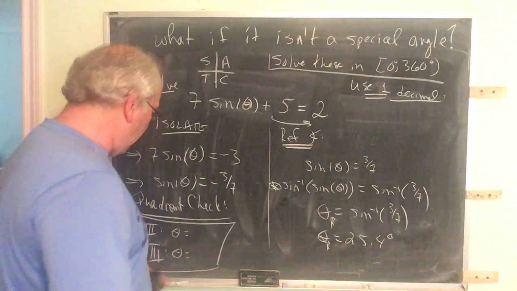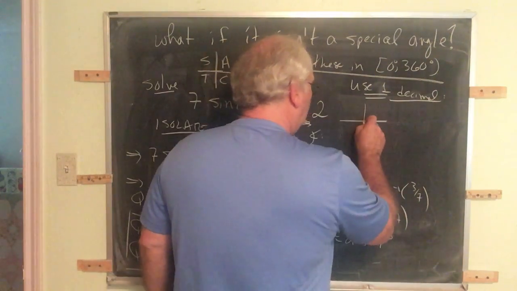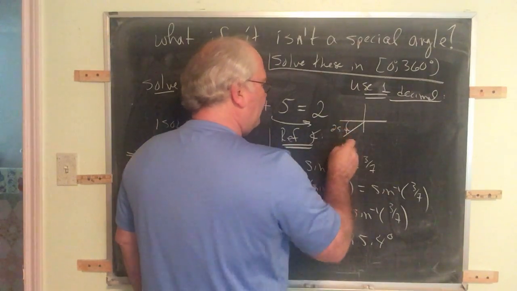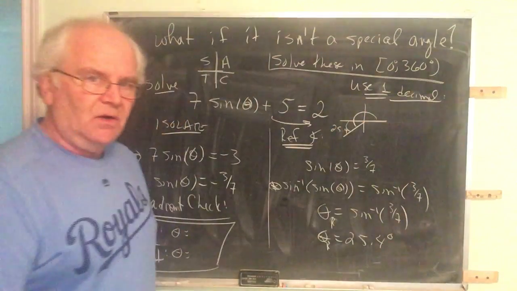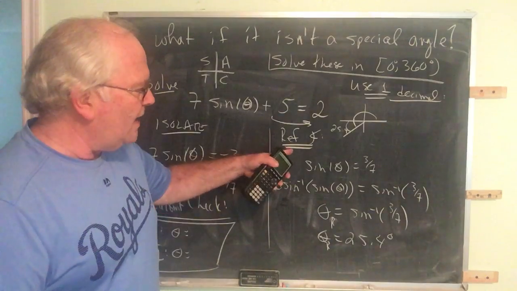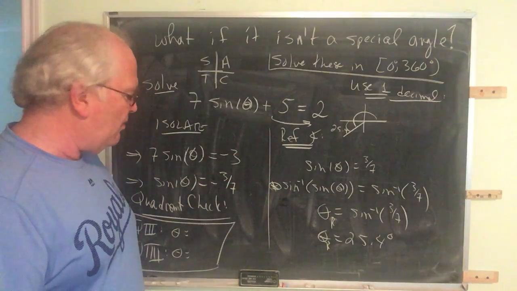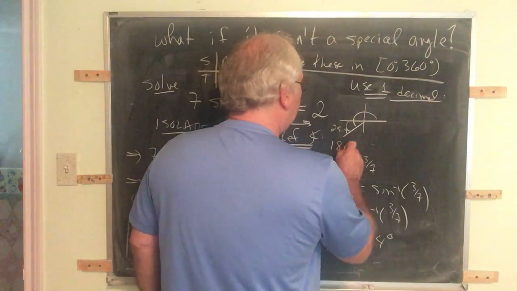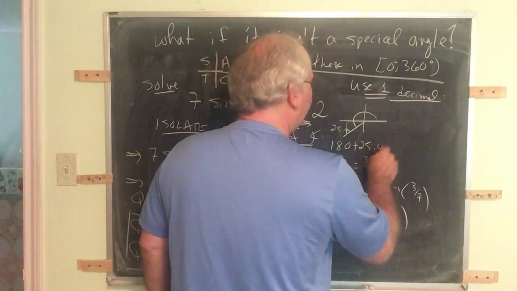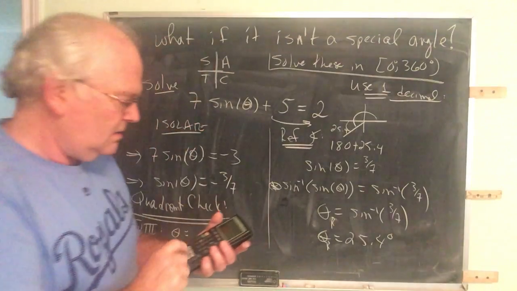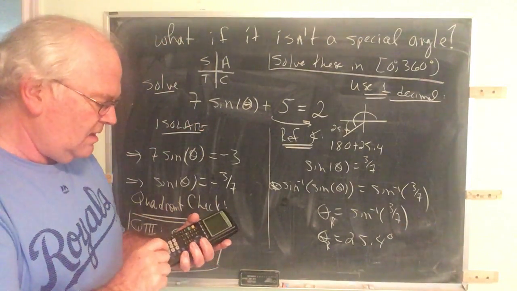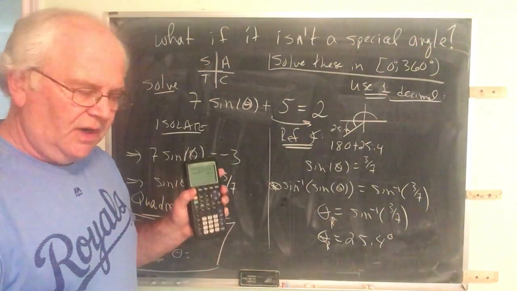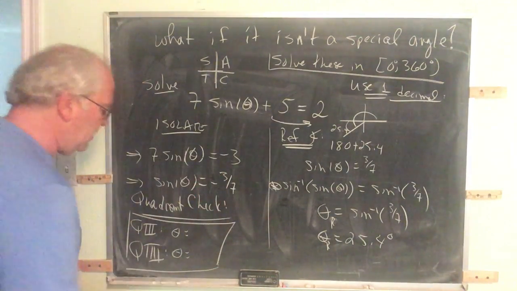And so we're going to have a quadrant 3 solution. If this is quadrant 3, here's 25.4. The question is, what is that angle? That angle is 180 plus the 25.4, which is 205.4 degrees.